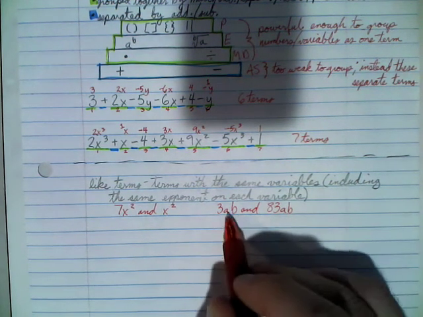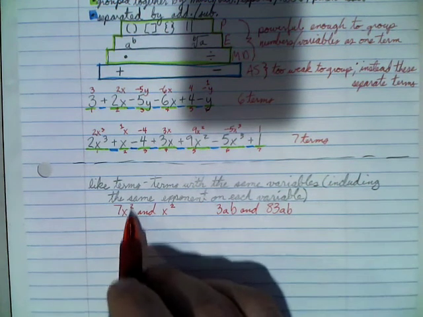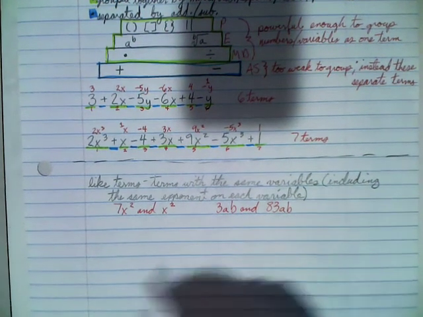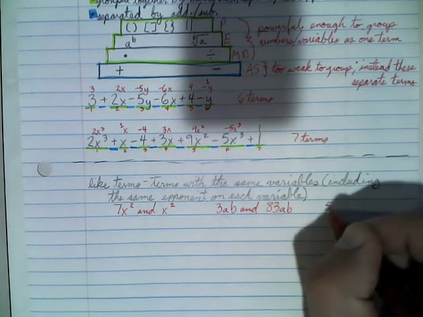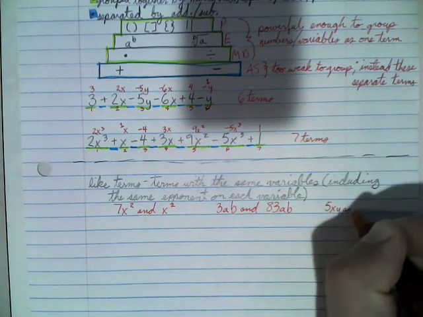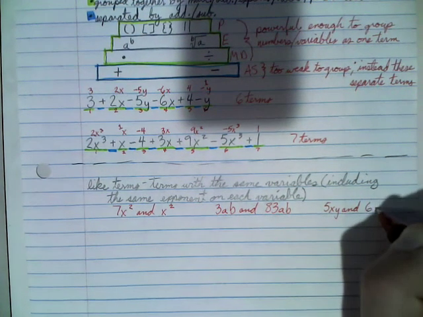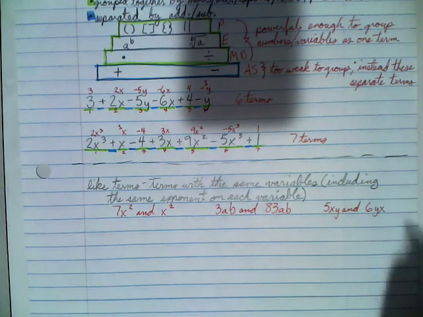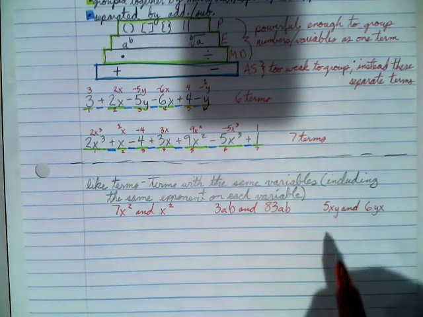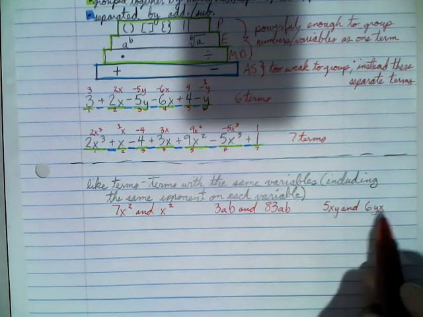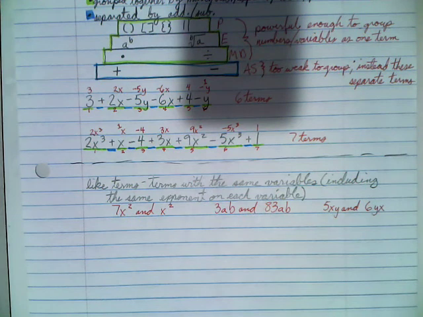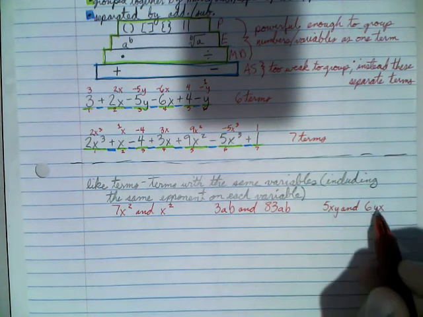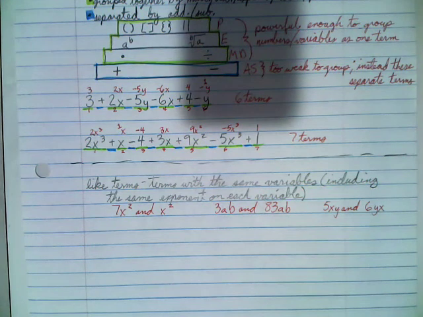Since these both have ab in them, these are like terms. For that matter, 5xy and 6yx. Here you'll notice that this is an xy, but this is yx. But guys, multiplication is commutative. So xy and yx are really the same thing. So as long as you have the same variables, we're good.